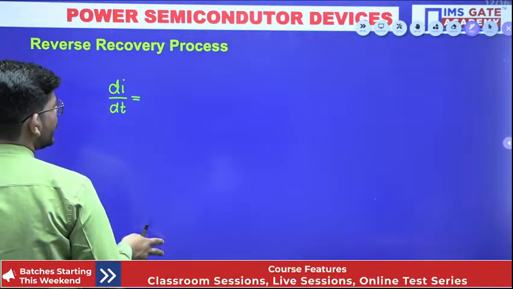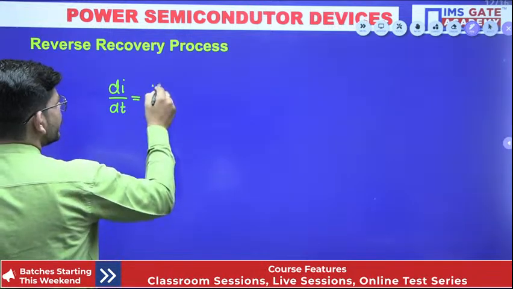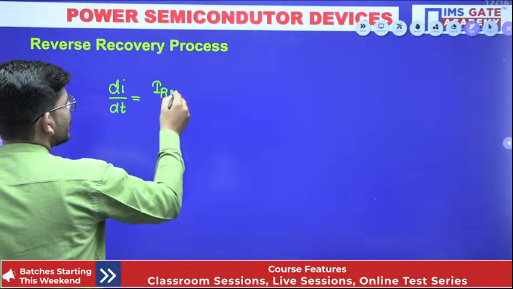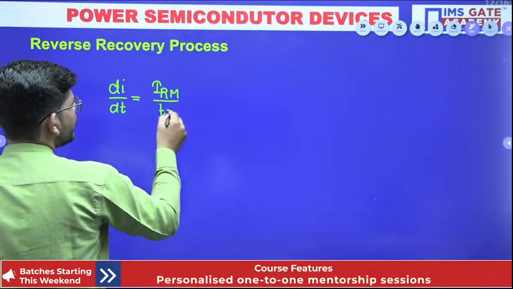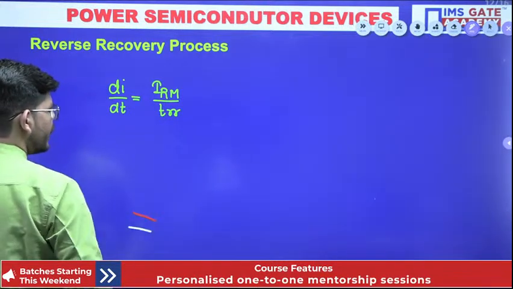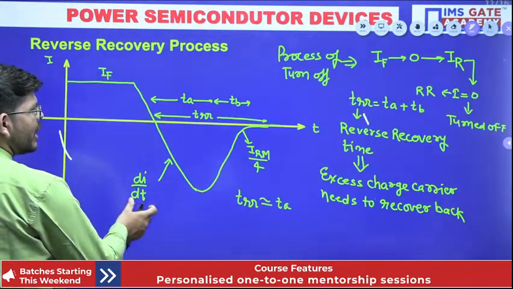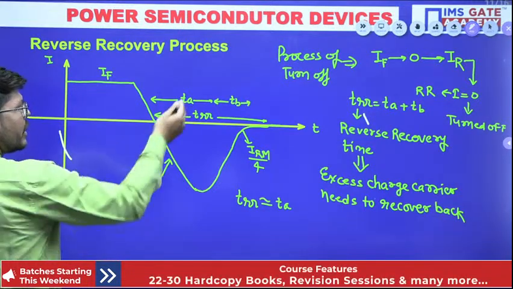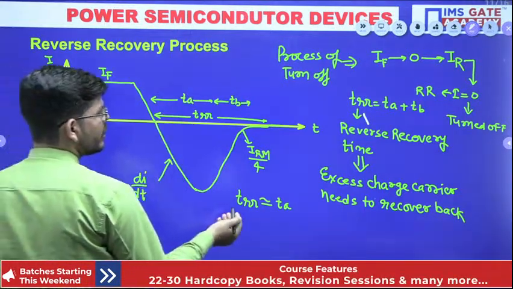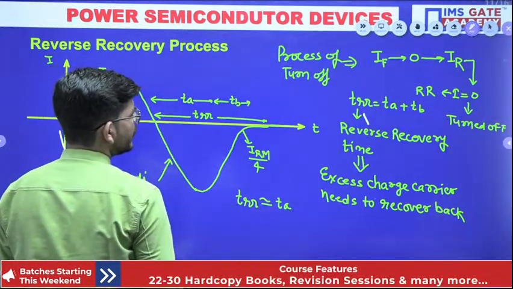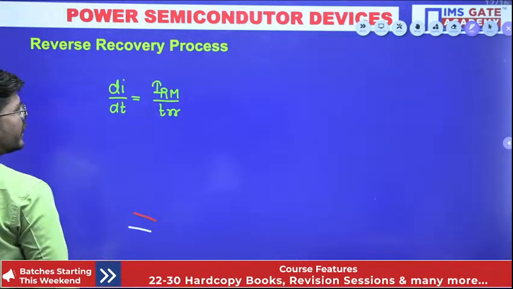The slope di by dt is basically equal to IRM upon TRR, isn't it? We may write this slope di by dt as IRM upon TA, it should be TA, but we have approximated TA to be TRR. So this is what we can write here.